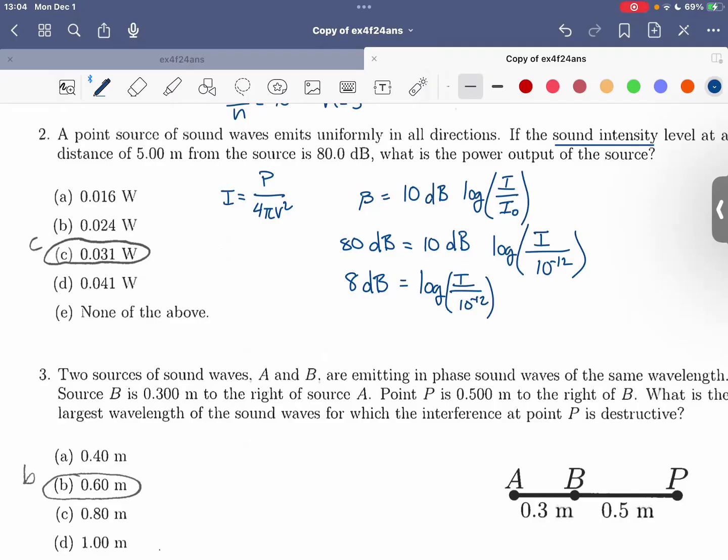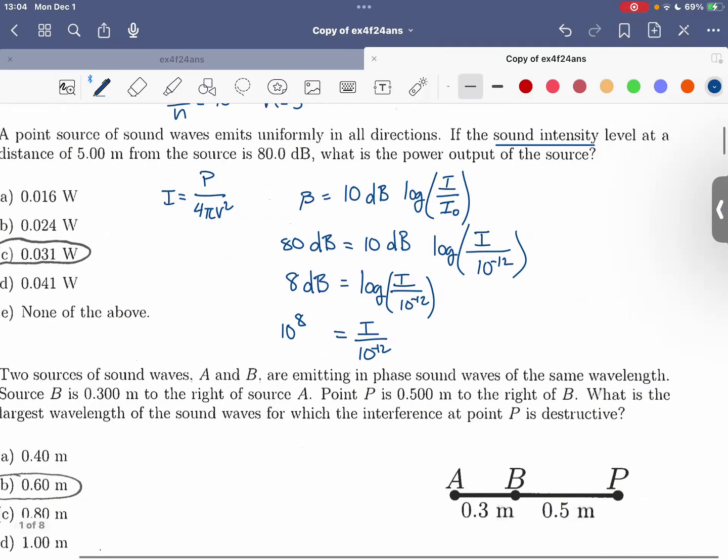And if you remember the log rules, this is just assumed to be base 10. So now we have 10 to the 8th is equal to I over 10 to the negative 12.